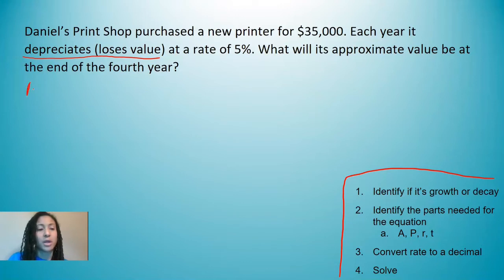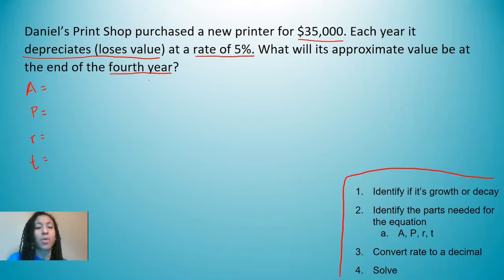We need to know what's going to represent A, P, R, and T. So based on the information here, it says that purchased a new printer for $35,000. We have a rate of 5%, and then we want to know by the end of the 4th year.